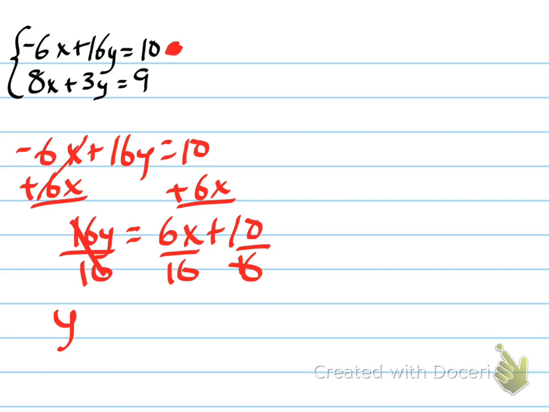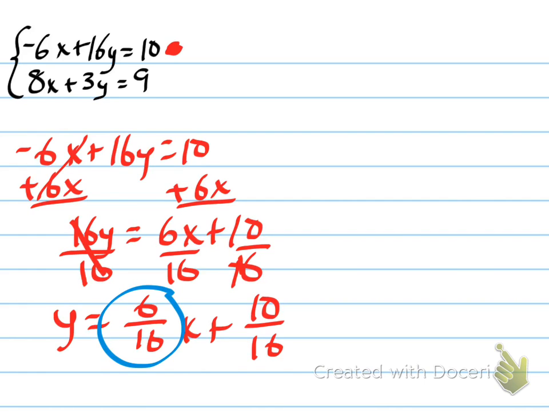and that will give me y equals 6 over 16x plus 10 over 16. I'm just going to leave that as 10 over 16. And I could leave it there, but I'll notice that 6 over 16, when it comes to rise and run and slope, these numbers are not exactly the friendliest. So if I think carefully back to elementary school math, can I rewrite that in some better way? Well, they're both even numbers, so I can probably reduce that fraction.